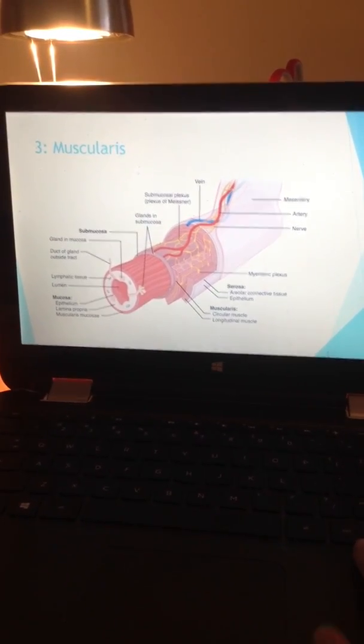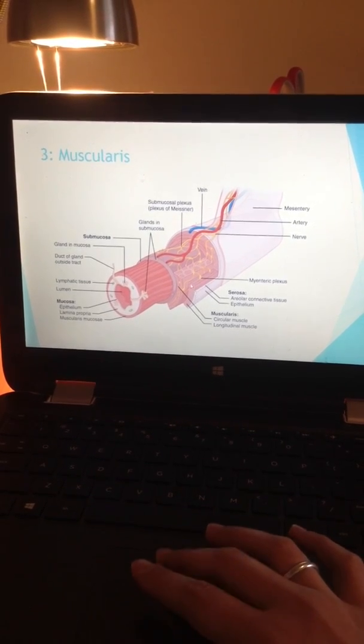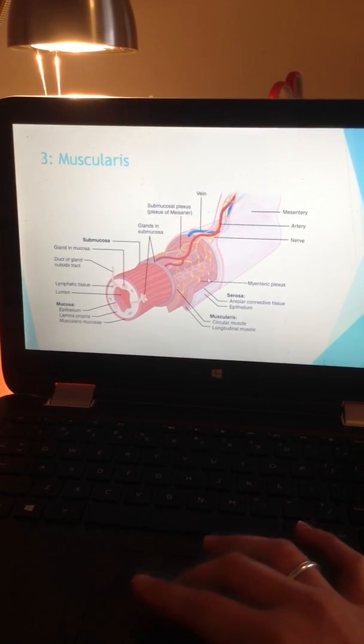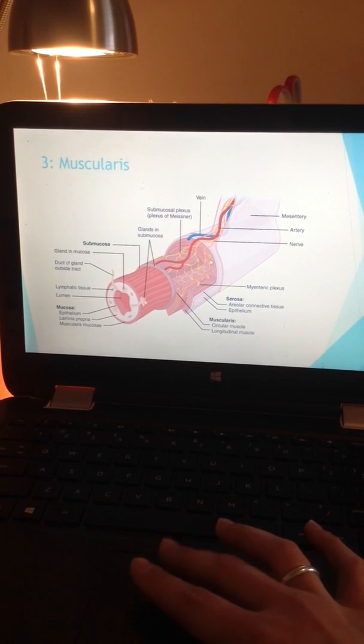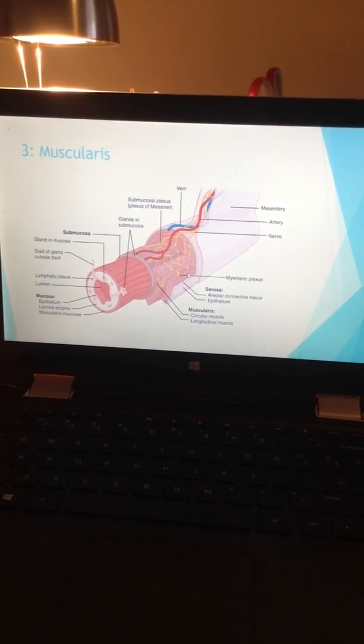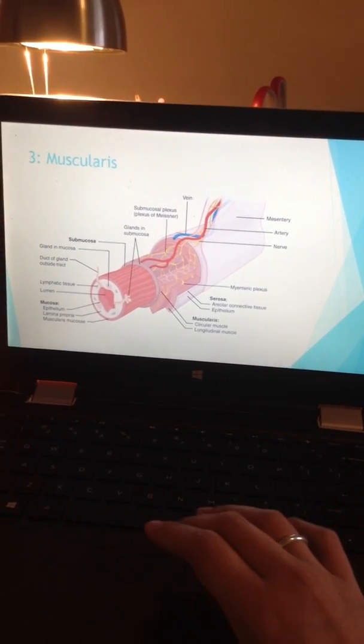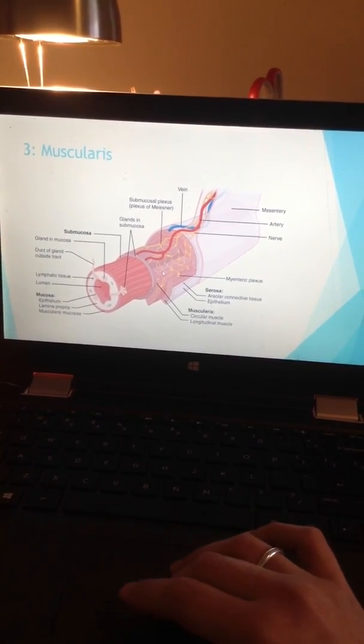Then we have the muscularis, which is this part right here.